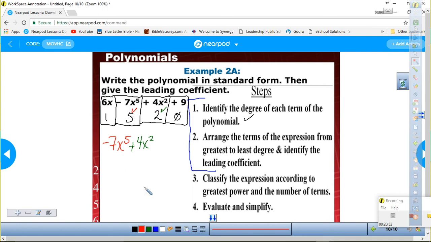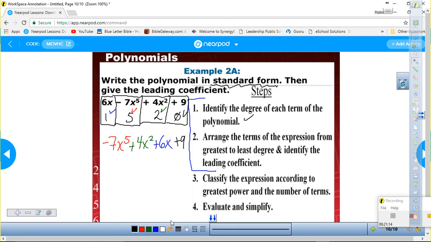The next one after that is, and you're just paying attention right now, this one. Wait a minute, but it doesn't have a sign in front of it, but I know it's a positive 6x. And my last one is plus 9. Oh, cool. Now that is what we call standard form.